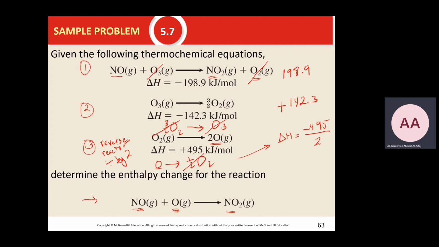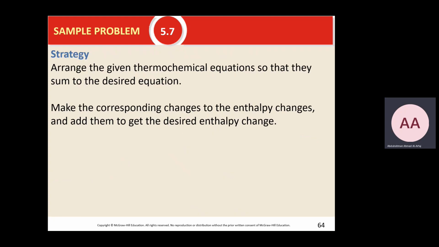Now you add these numbers, which is 198.9, 142.3, 495, and the delta H will be, in this case, you just simply add these 3 numbers together and you will get 93.7 kilojoule per mole. Let's see.